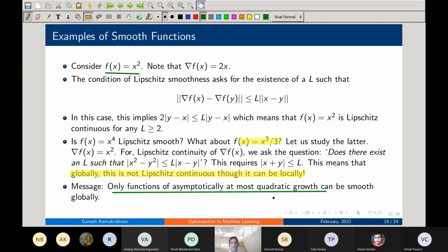Quadratic growth. But now I have a question. What about x raised to 4? Any thoughts? If you have a quick response, you can let me know. Otherwise, I'll leave it as homework.